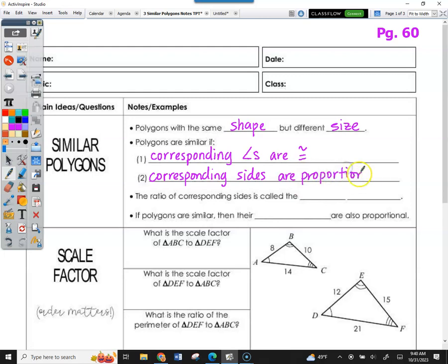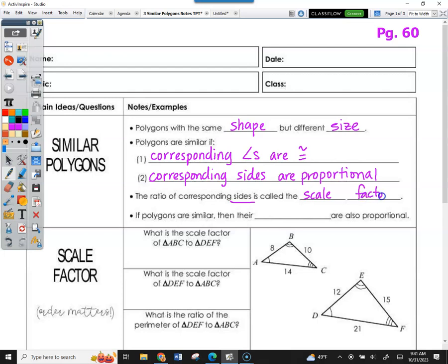So this is really important right here. Understanding that similar figures means the angles that correspond have to match, and the sides that correspond have to be proportional. Proportional refers to the scale factor. The ratio of corresponding sides is called the scale factor.